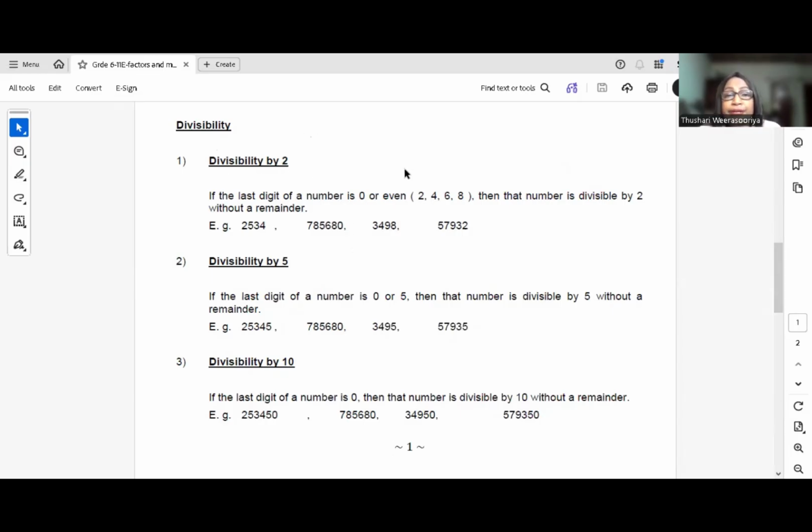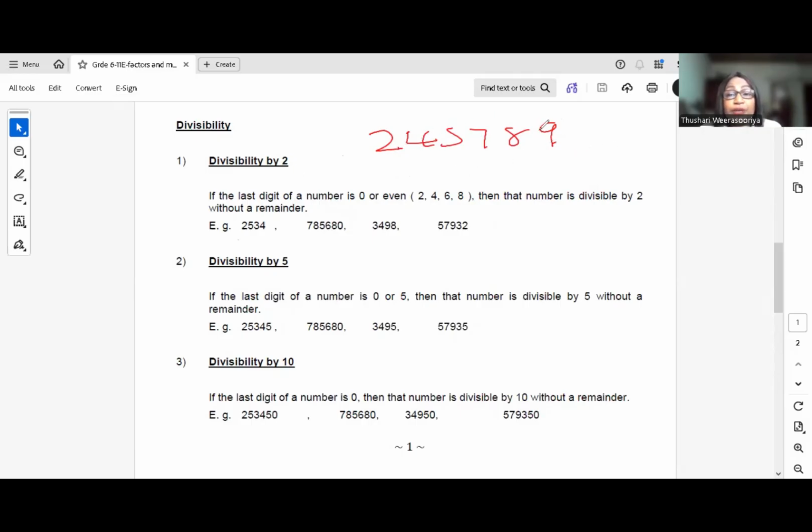Right now, here in maths also, we have divisibility without dividing, like a fortune teller without looking at your future. Here also, without dividing, we can tell whether these numbers are divisible by 2, 5, or 10. There is a short method. Is this divisible by 2?